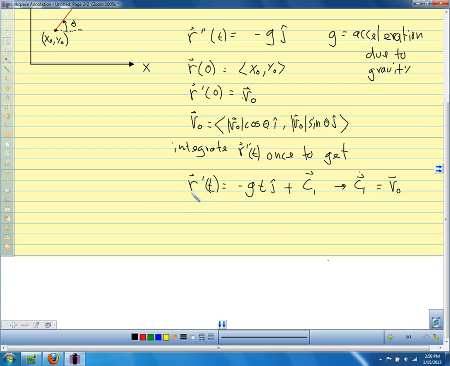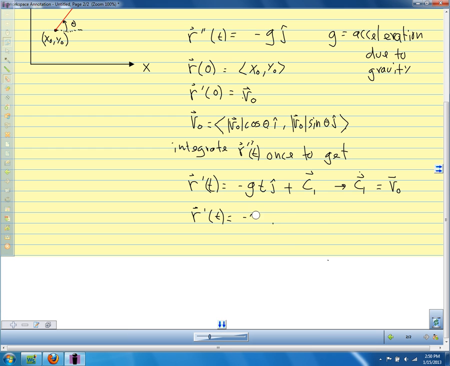Substituting our quantities in, r prime is minus gt j.